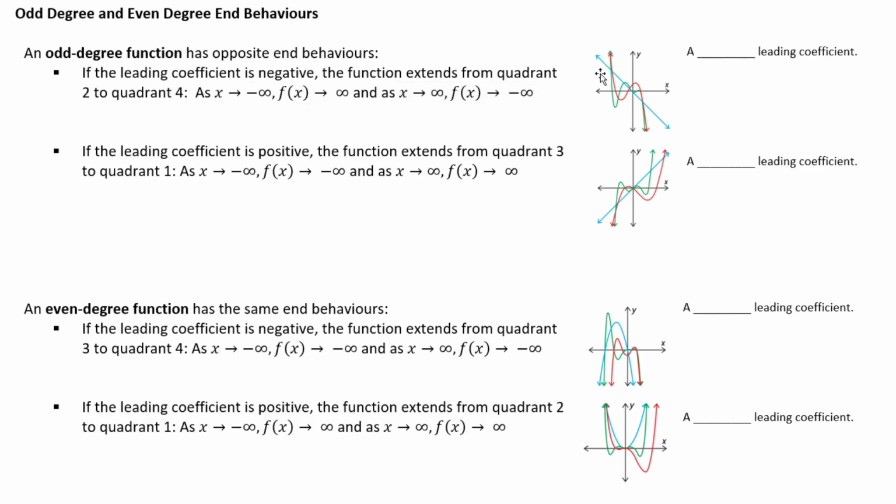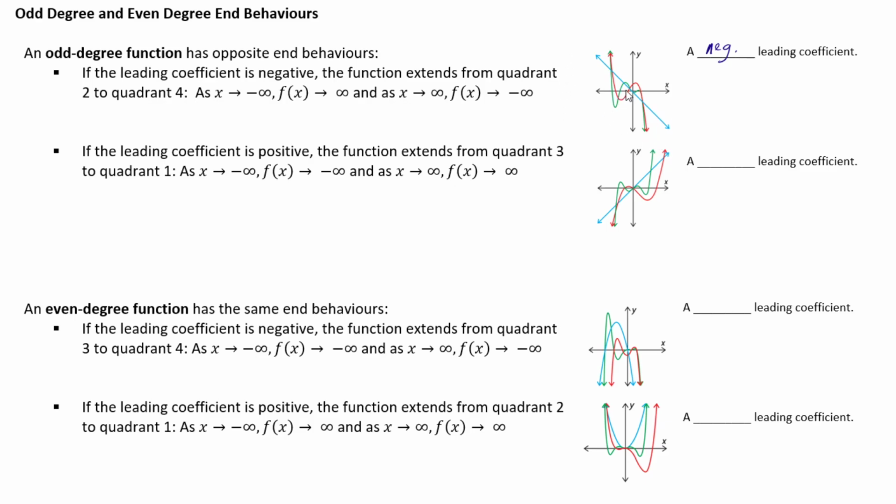So for odd degree functions, if it has a negative leading coefficient, it's going to go from quadrant 2 to quadrant 4, right?